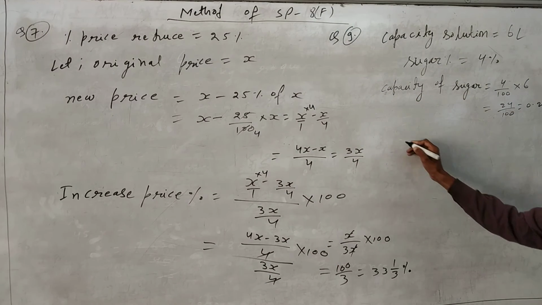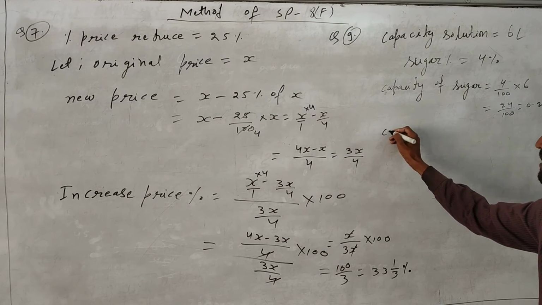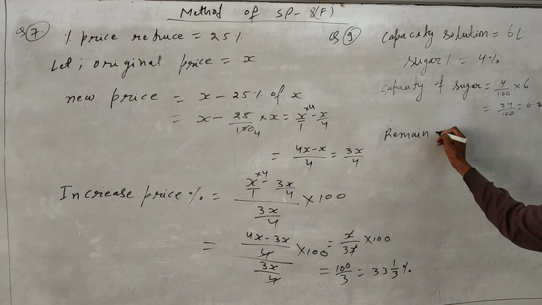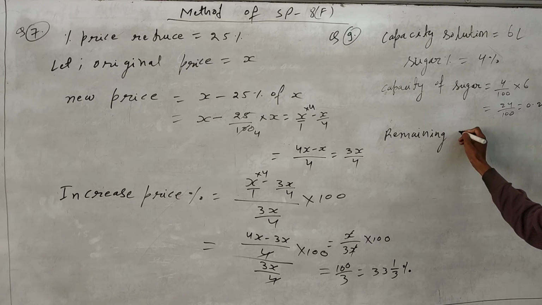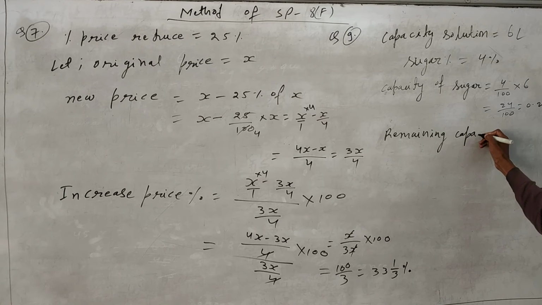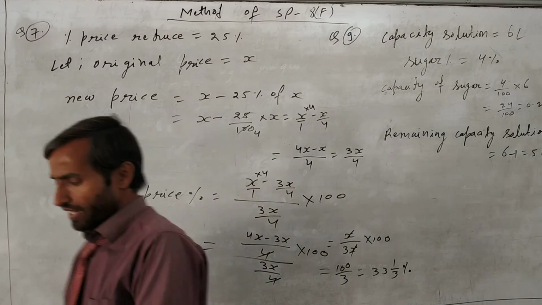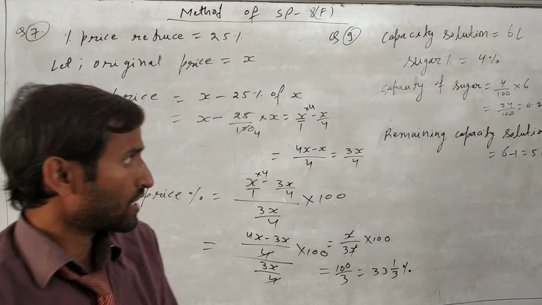So what is the remaining solution capacity? We will subtract: remaining capacity of solution is equal to 6 minus 1, it will come 5 liter. 1 liter of water has been removed, so the remaining solution is 5 liter.